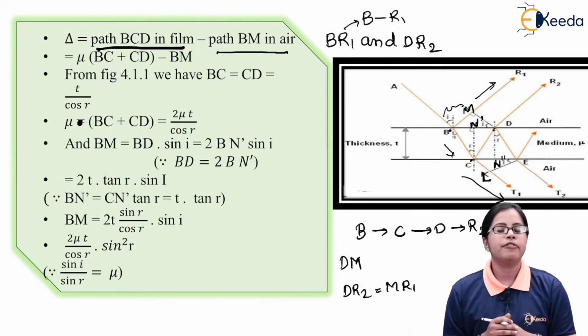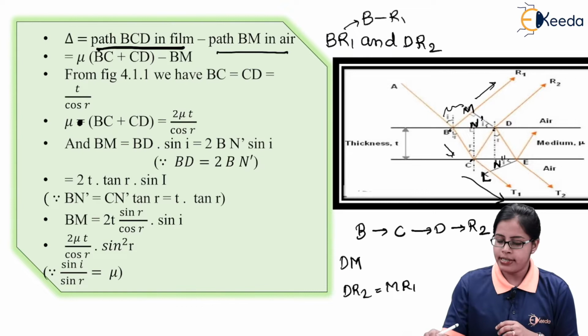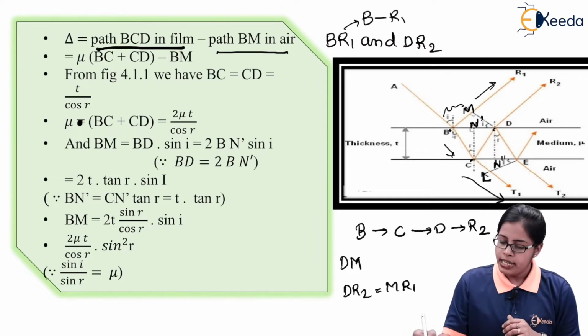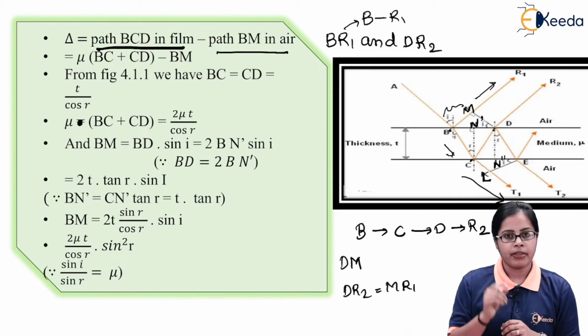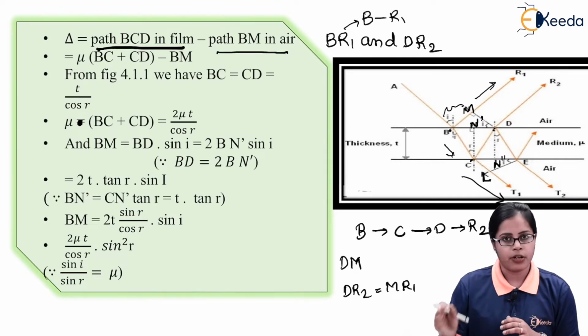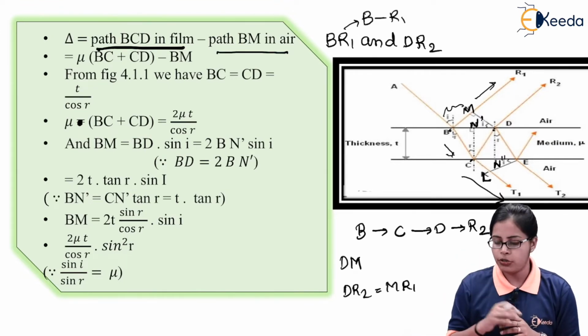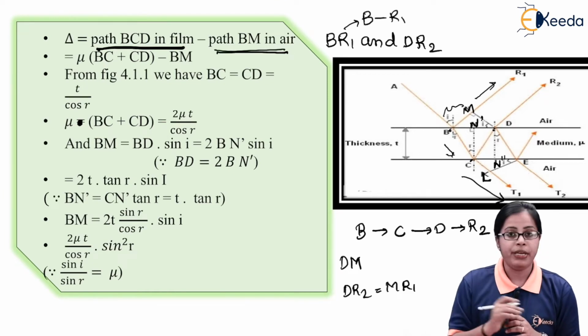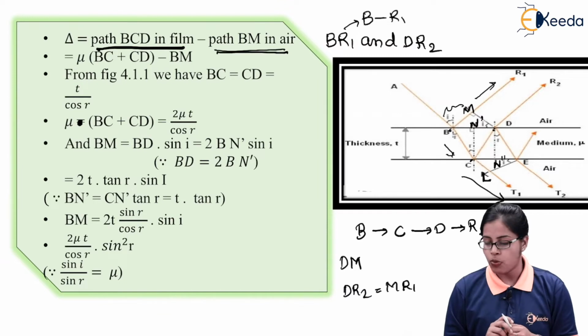So the path difference between the two rays is BM. Now, if you want to calculate the path difference between the two rays, that is BR1 and DR2, for BR1 the path is BM, because after M the path is equal, so we don't need to consider that. So we have considered path BM.